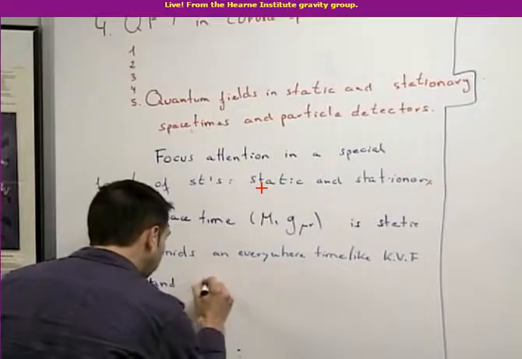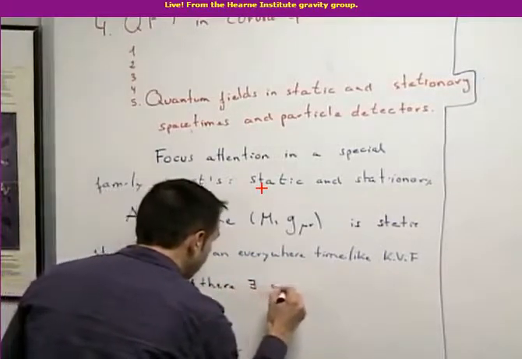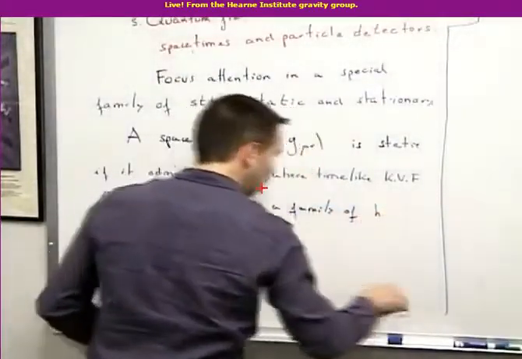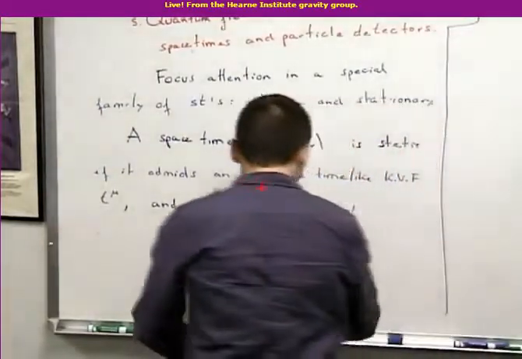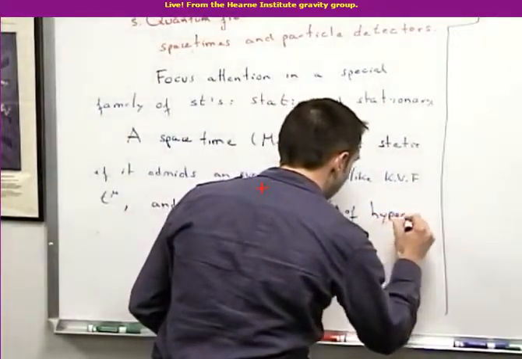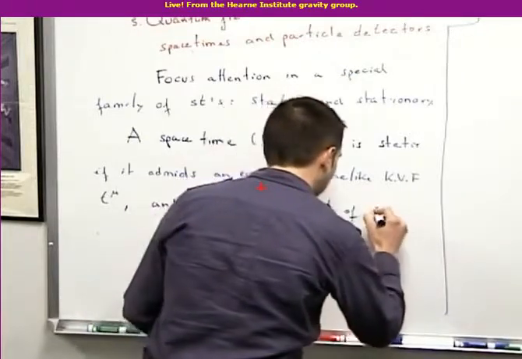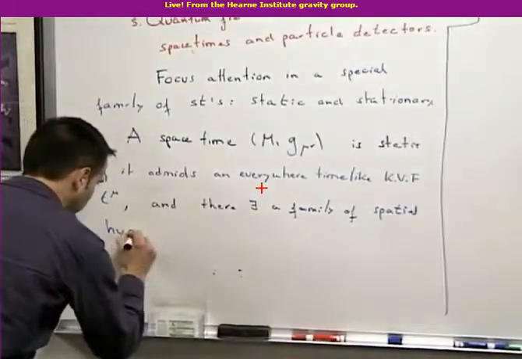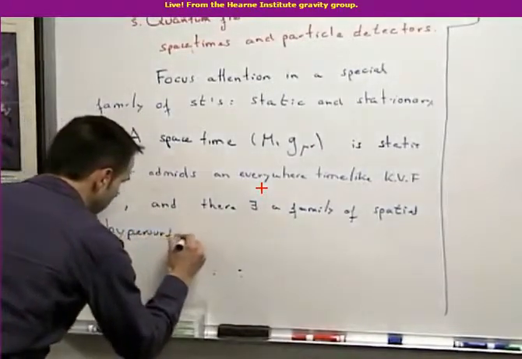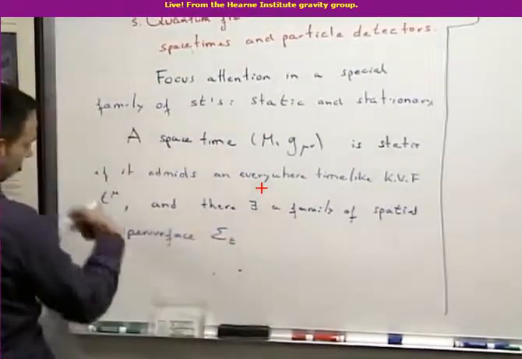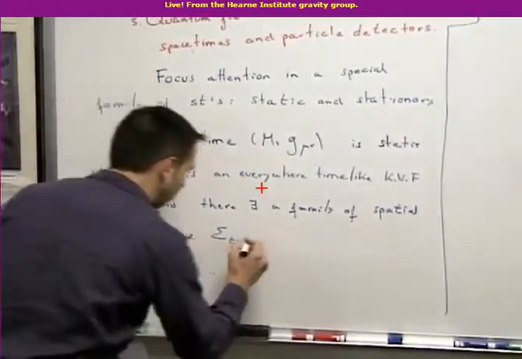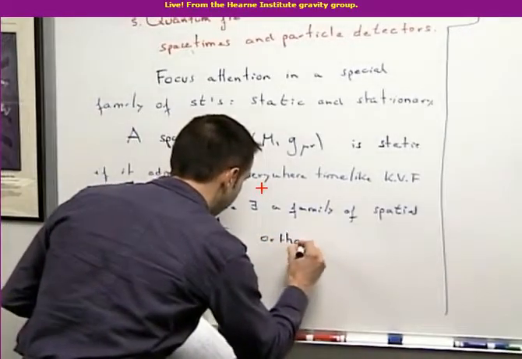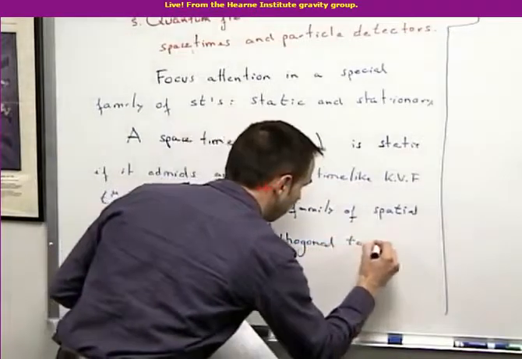And there exists a family of spatial hypersurfaces, which are in fact Cauchy hypersurfaces, labeled by some parameter t, which is going to be the parameter along the Killing trajectories, orthogonal to the Killing vector field.